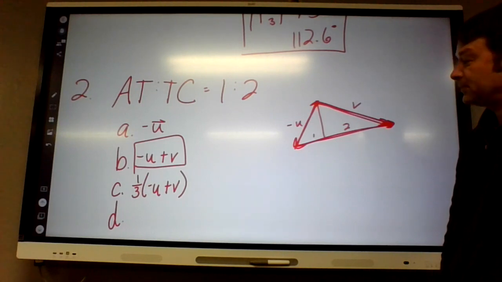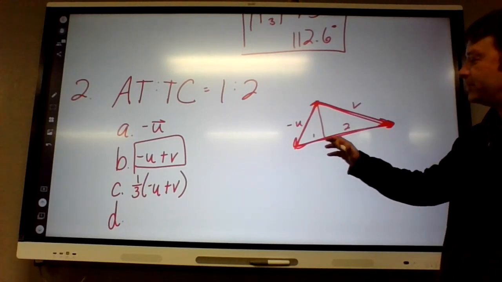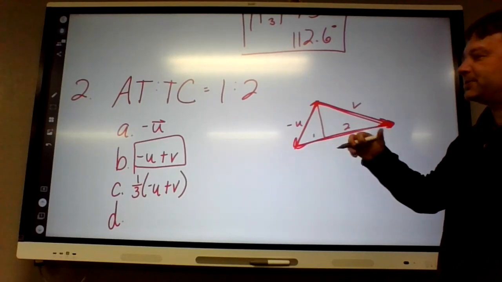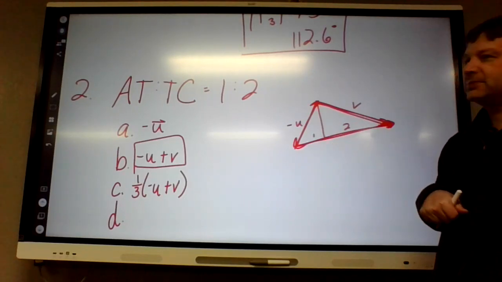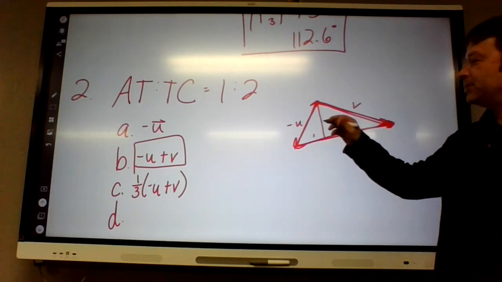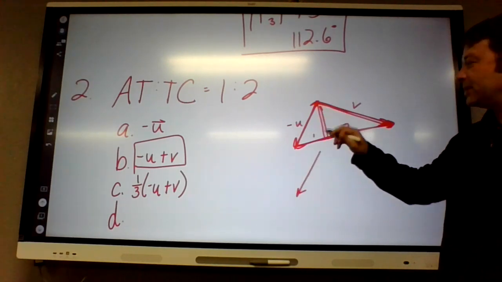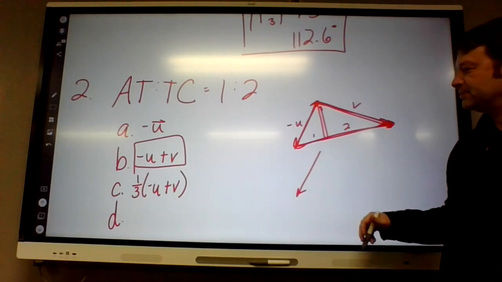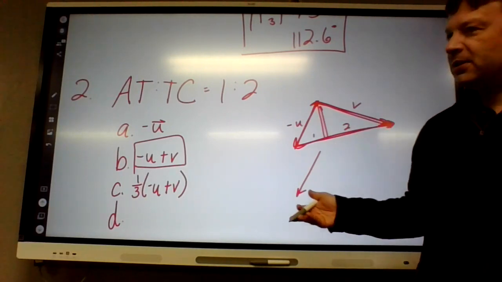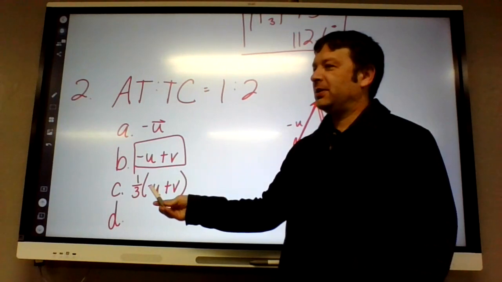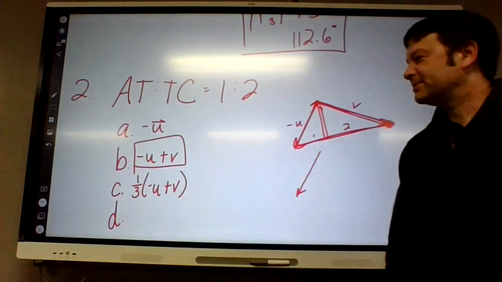Well, okay, one way we could do it, this is tricky, does anybody think they see it? Is it U? No. U goes from here to here, and we have to go from there to there. Okay, 1/3 of negative U plus V. Yes.